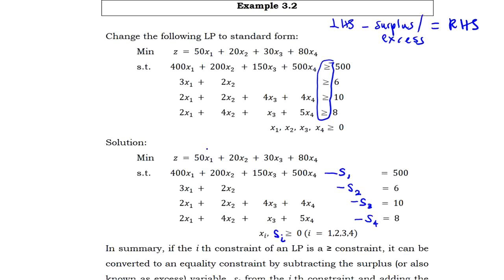So for the objective function, actually we have surplus variables in here, but the coefficient are all zeros. So 0 s1 plus 0 s2 plus 0 s3 plus 0 s4.